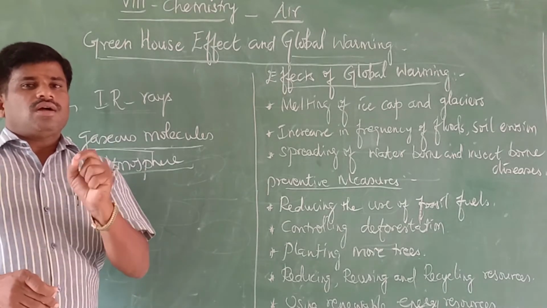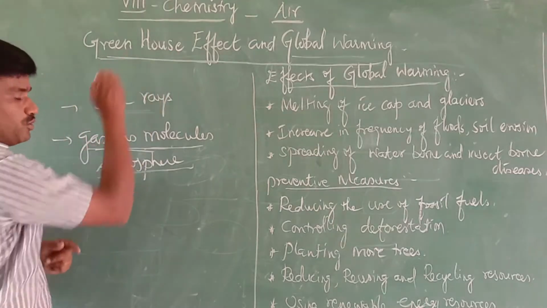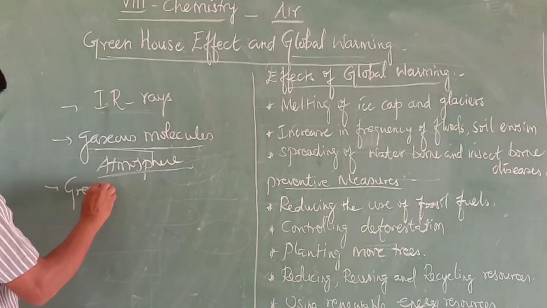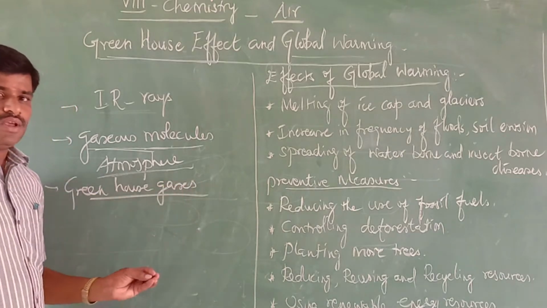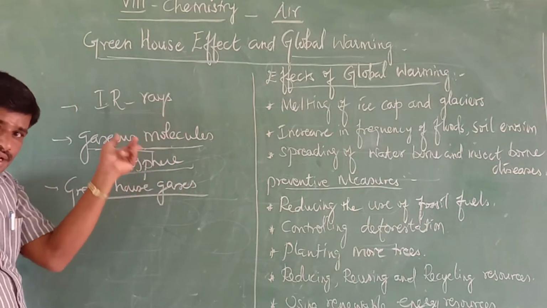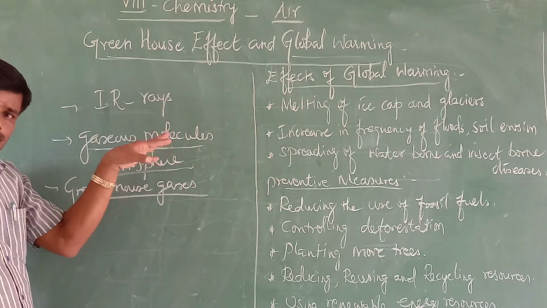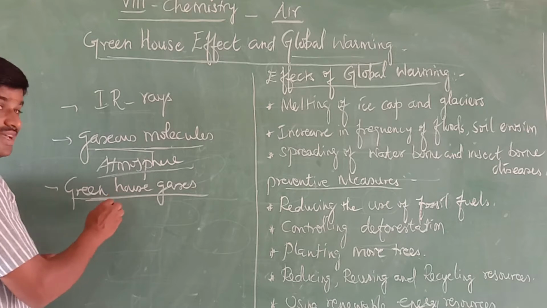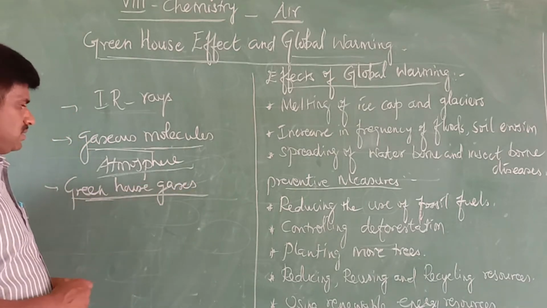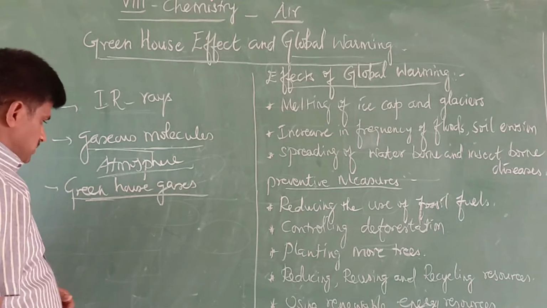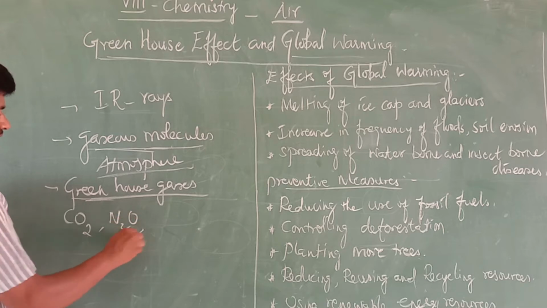The gases which absorb the radiations from the land, and some of the radiation already in the atmosphere, such gases are called greenhouse gases. What are greenhouse gases?